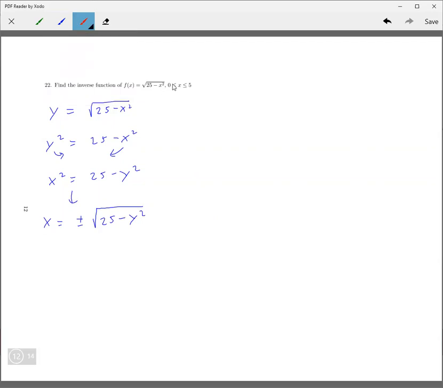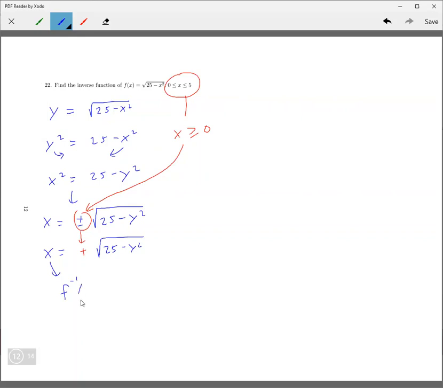Again, x has to be positive because of this, which means that this one has to be positive. So we can complete the last step, which is to replace this x with an f inverse of x and replace the y with an x. So this will be the answer.